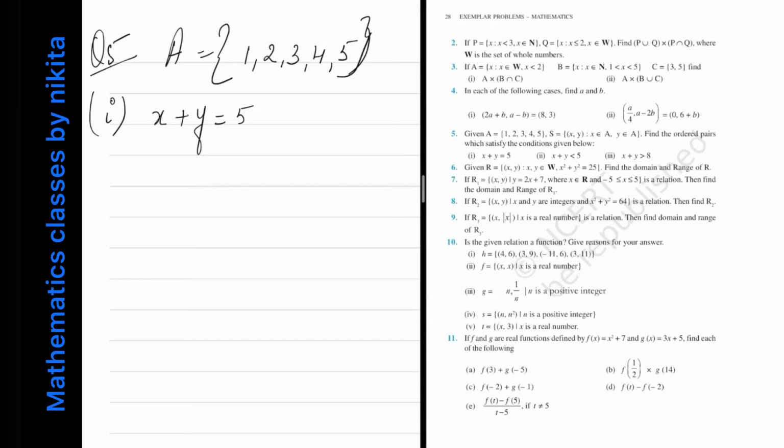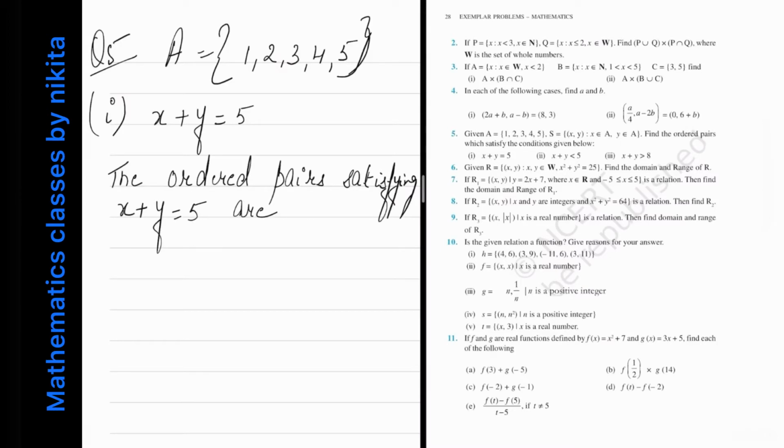Okay? So therefore the ordered pairs satisfying x plus y is equal to 5 are.